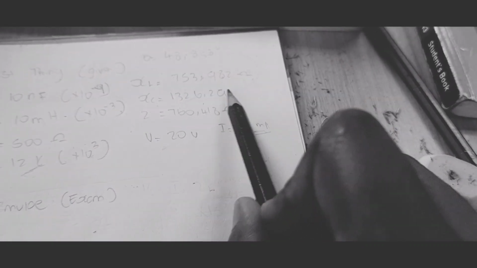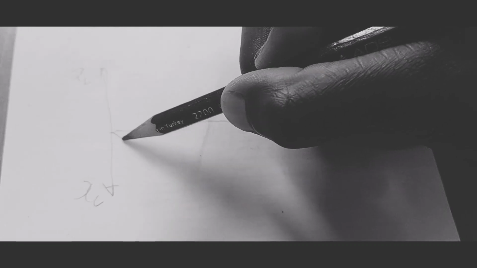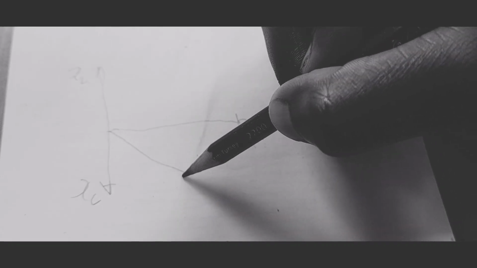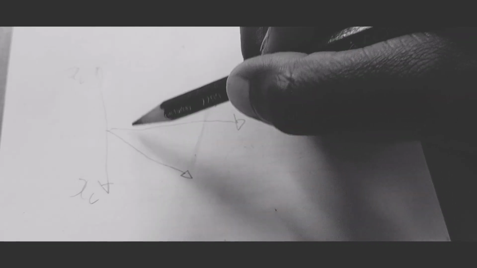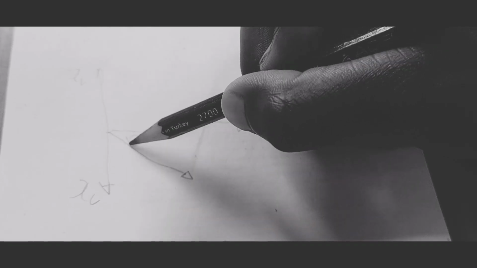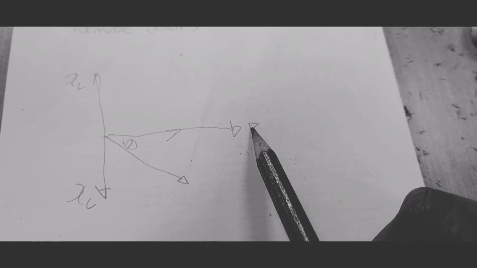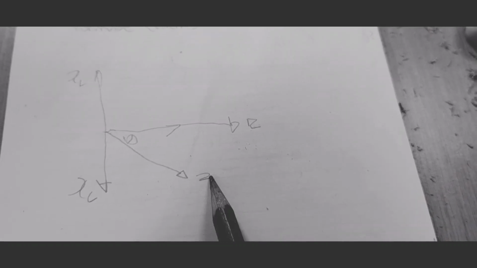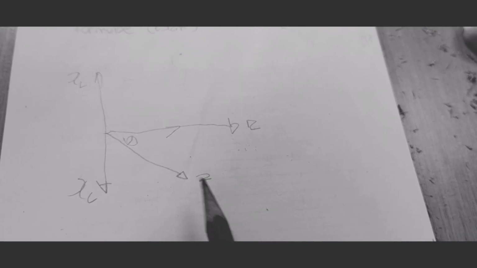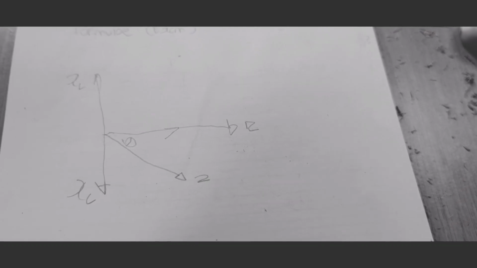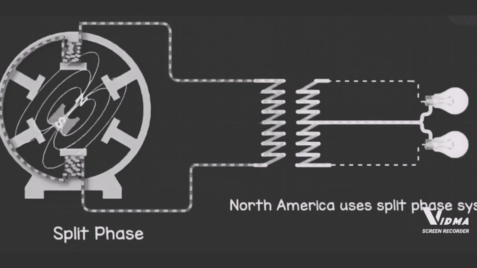And we found out that XC is bigger, so it will react downward. The total voltage will go downward, theta, and this is how it will look, guys. Resistor and there its impedance. Thank you so much. And for that angle, please calculate it yourself.